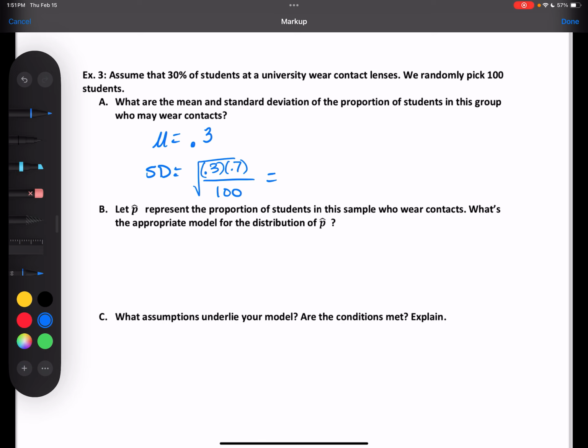It's all under the root. Yes, all of it is. 0.046. So I'm just going to call it 0.046.